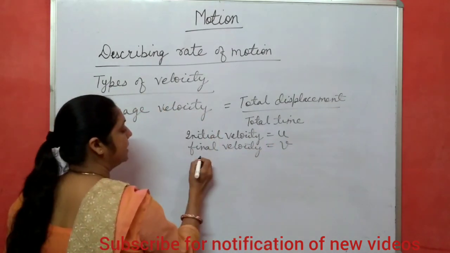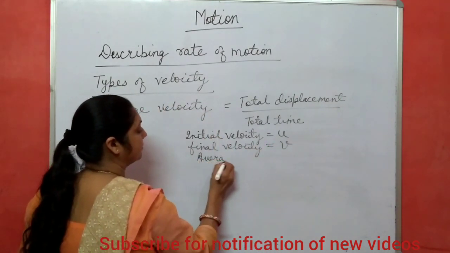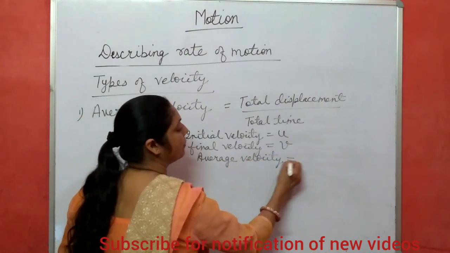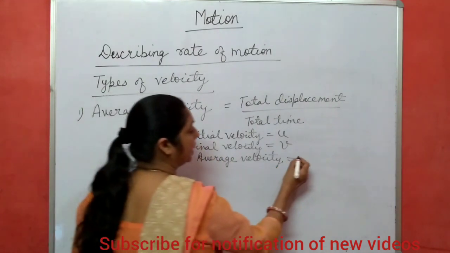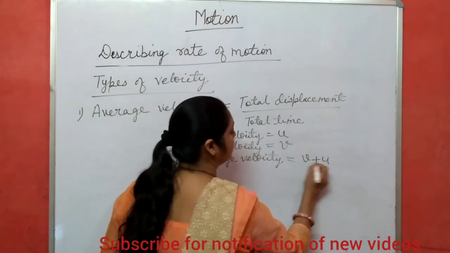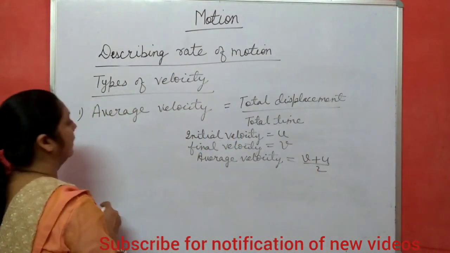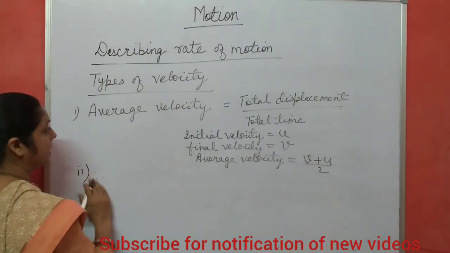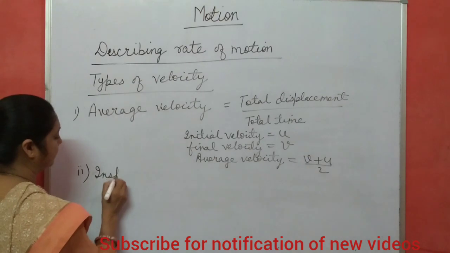Then in that case, average velocity becomes initial velocity plus final velocity by 2. It means v plus u by 2. Okay. And the second one is instantaneous velocity.